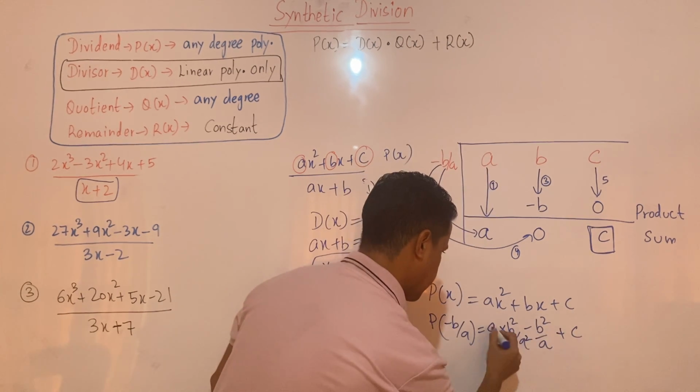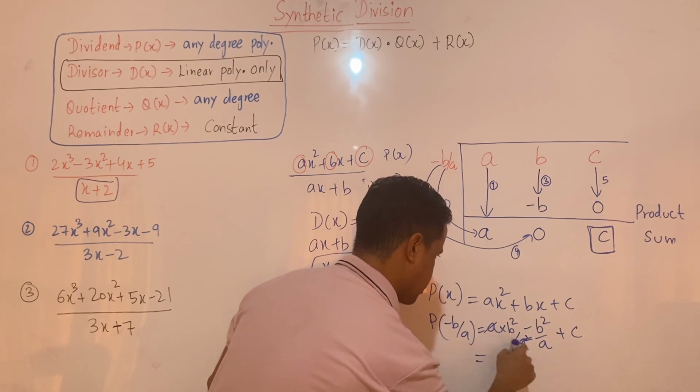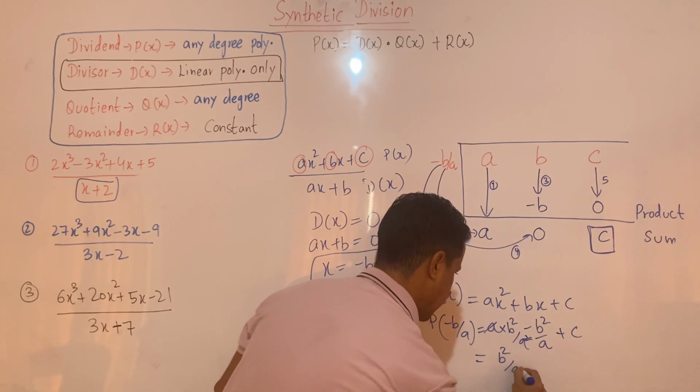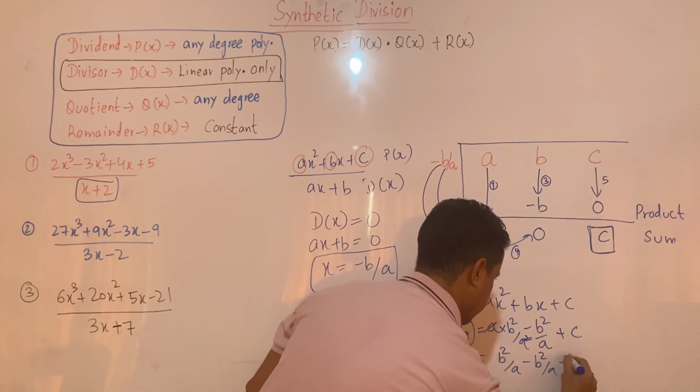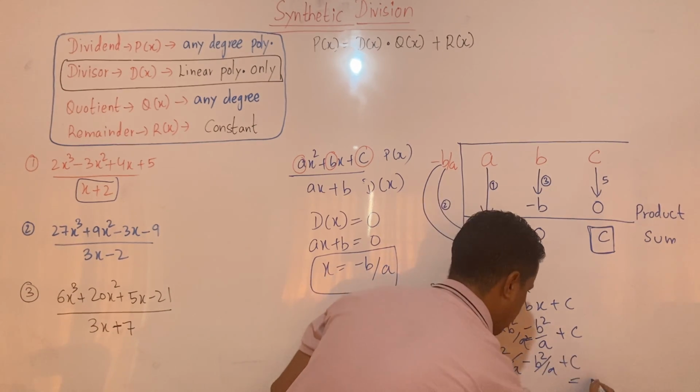So this will cancel this, b square by a minus b square by a, plus c. So it will be cancelled, equal to c.